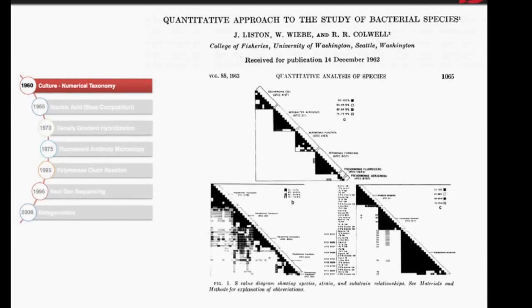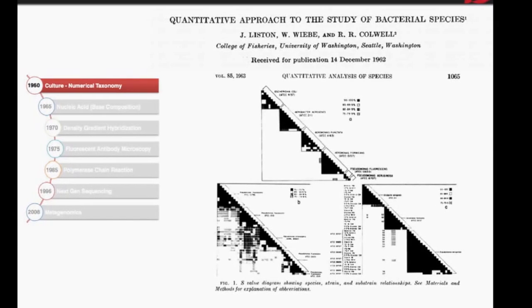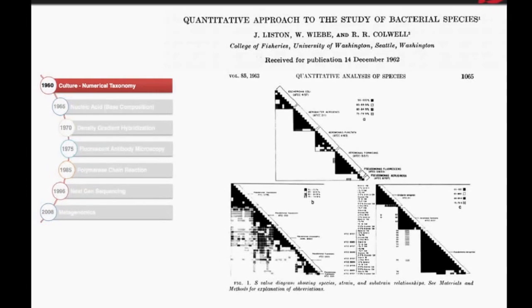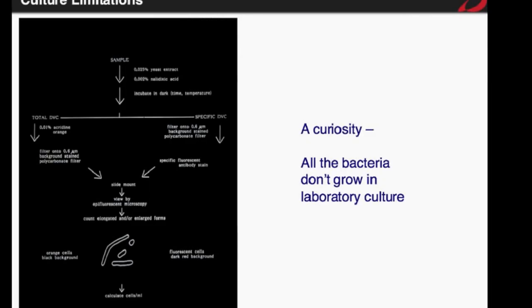About 50 years ago, all we could do was study the phenotype, that is, culture things and determine whether they fermented sucrose or lactose, and then we coded the data and developed the first program, back in 1962, to analyze taxonomic data.